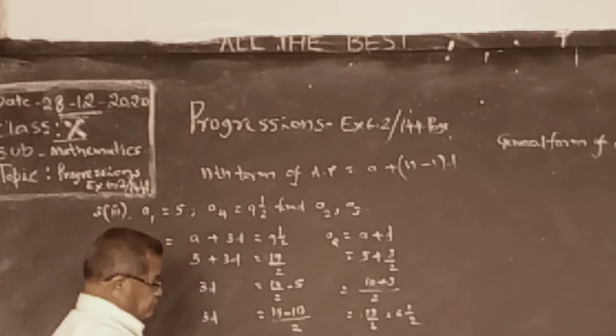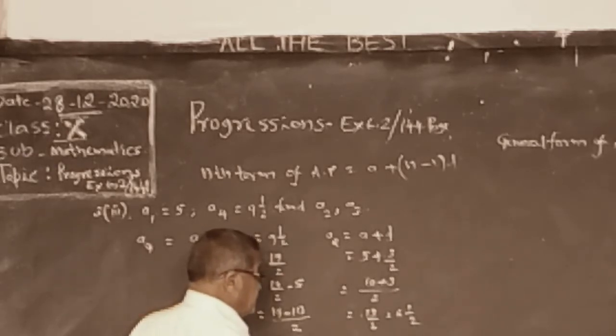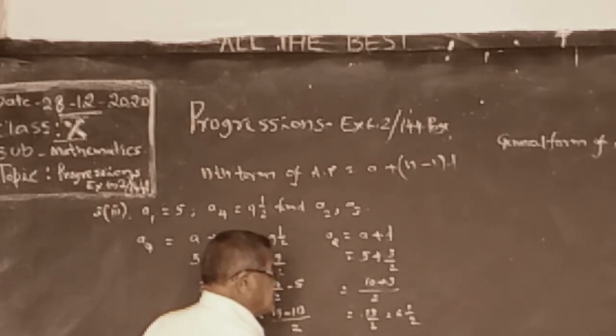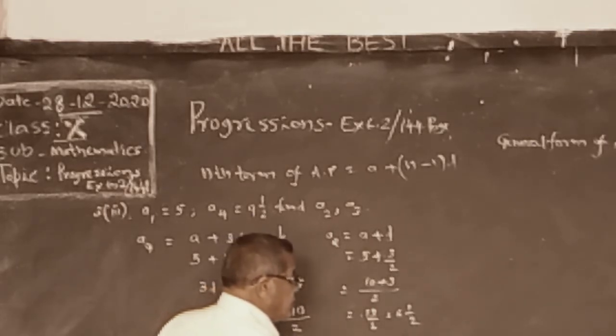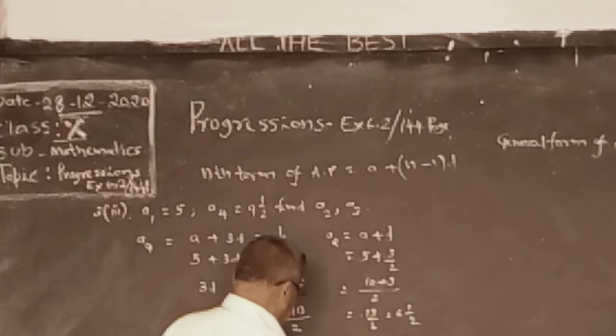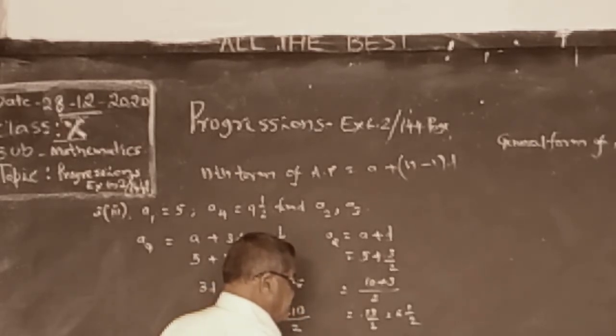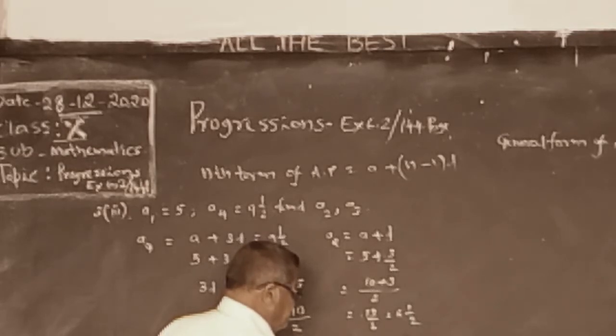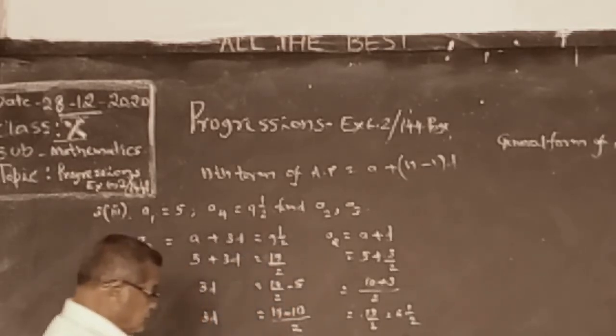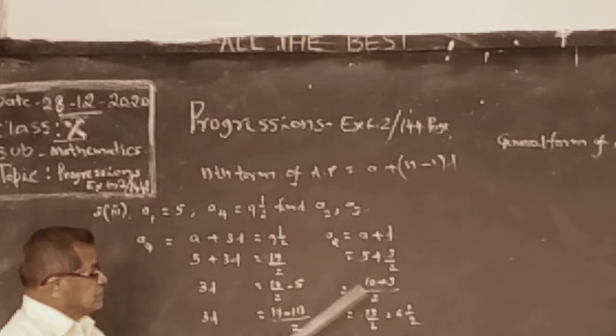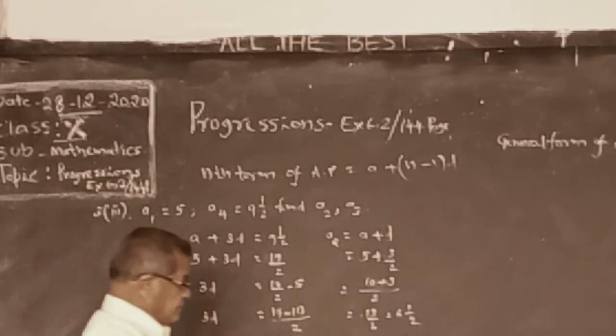Next A3, A3 is A plus 2D. A value given 5, D value we know 3 by 2. 2 cancel, 5 plus 3, 8. Third term is 8, second term is 6.5, like that.